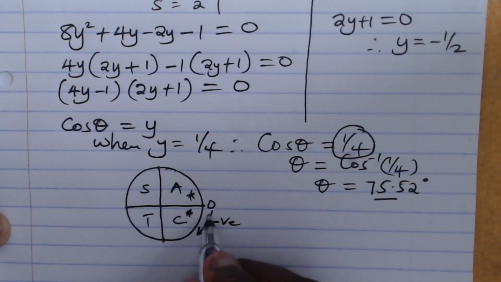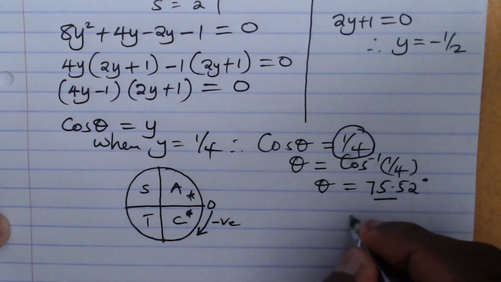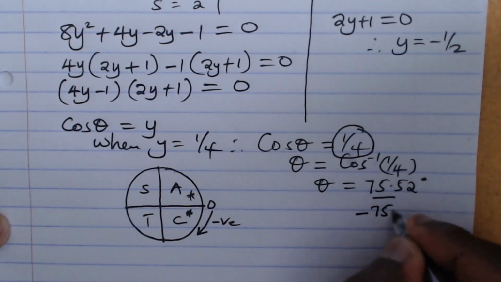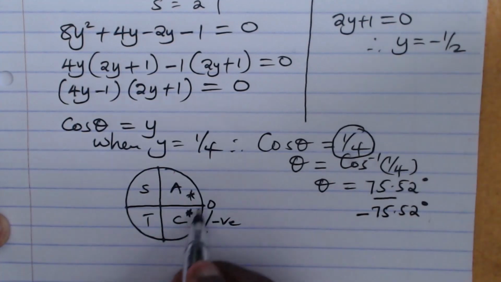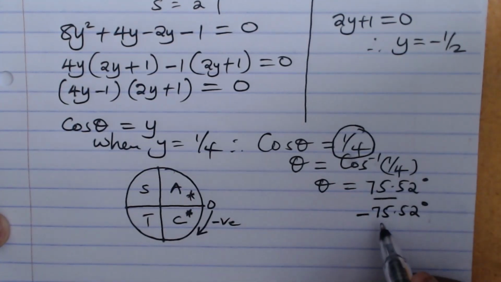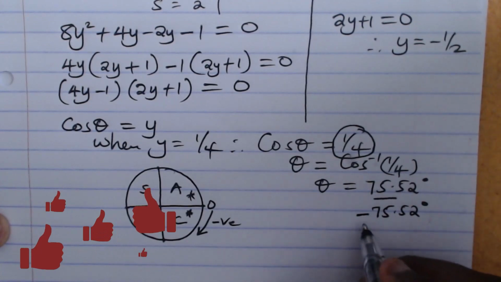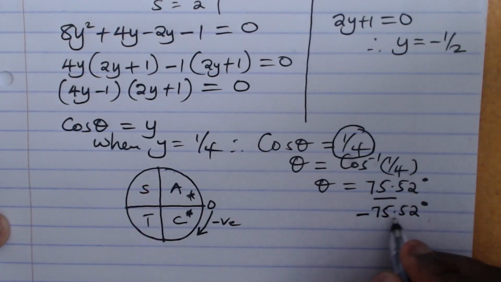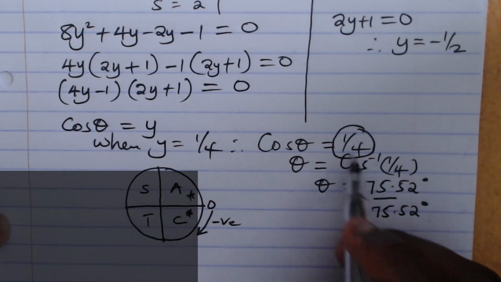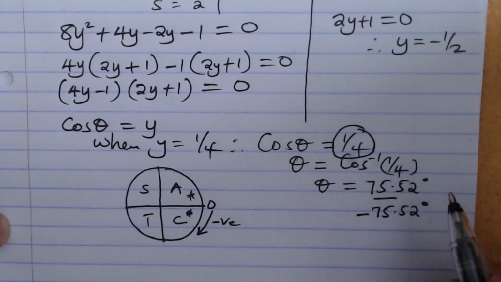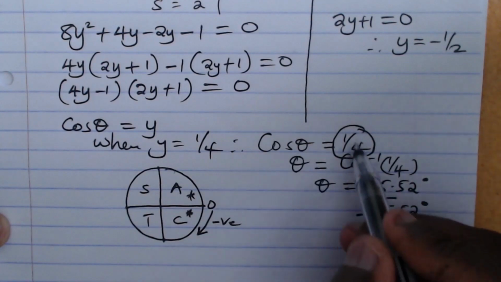So measuring the negative angle in the fourth quadrant, the angle will be negative 75.52. If you get the cosine of negative 75.52, it will still give you 0.25. So there are two angles that we get from cosine theta equals 1 over 4.